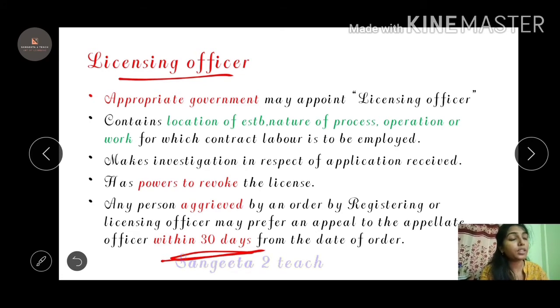Simple. You studied about the registering officer and licensing officer, and remember this: within 30 days, if you are not happy, you can appeal to the higher authority.